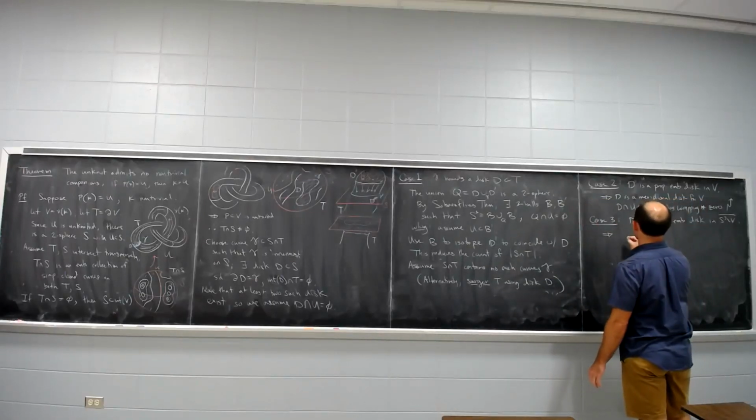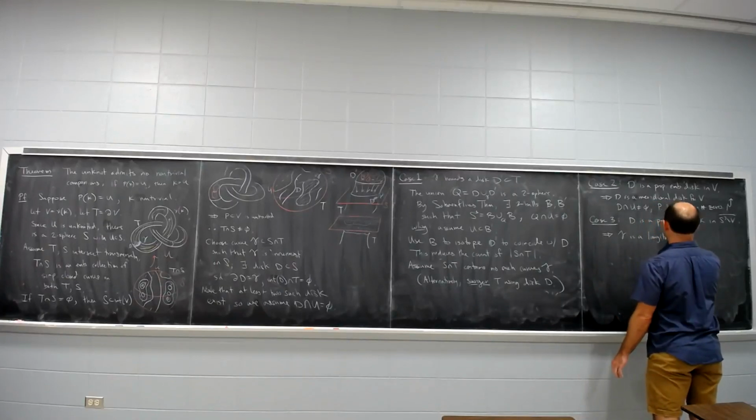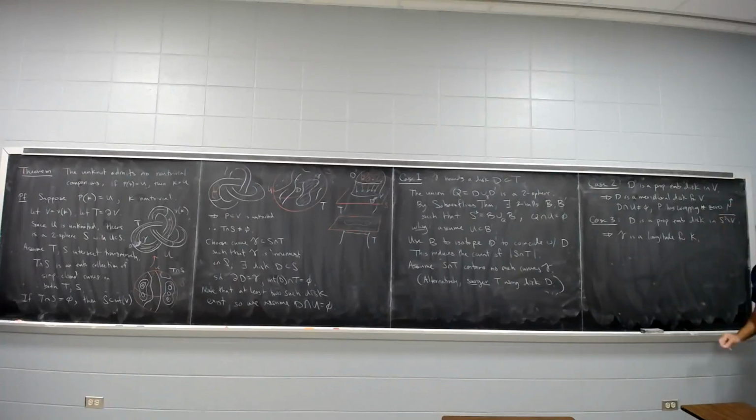So this implies that gamma is a longitude for, I guess, for the pattern or the companion on K. Now, why is that true? Well, gamma is null homologous in S3 minus D because it's actually null homotopic, so it's definitely null homologous, which means its boundary is by definition a longitude for the knot.